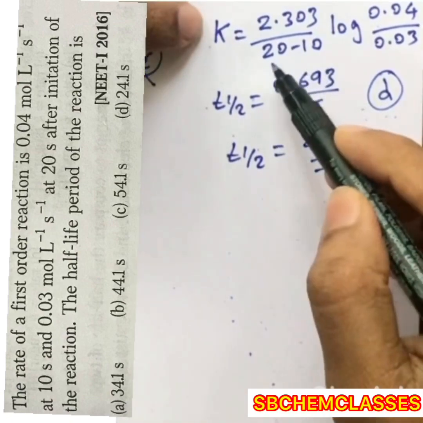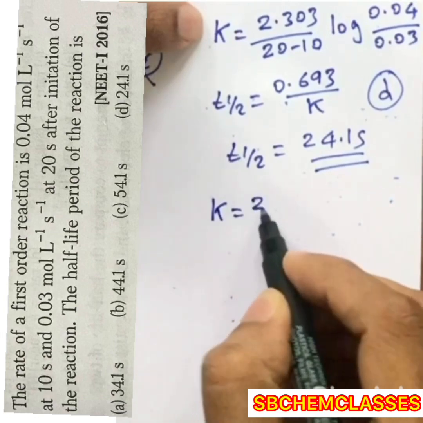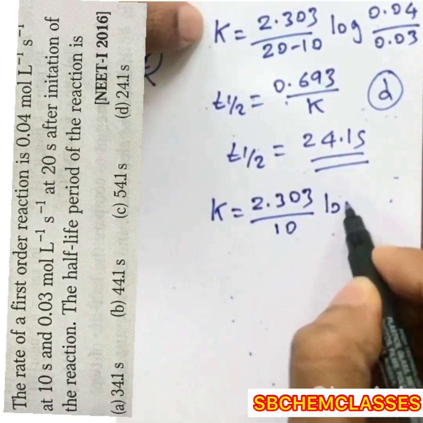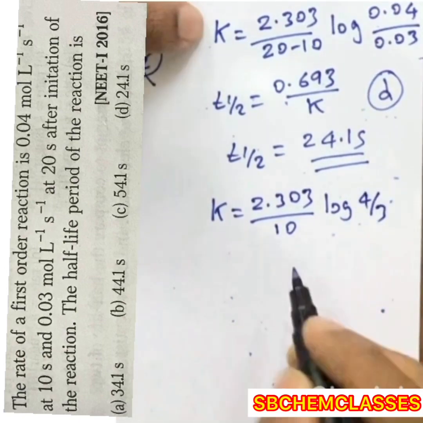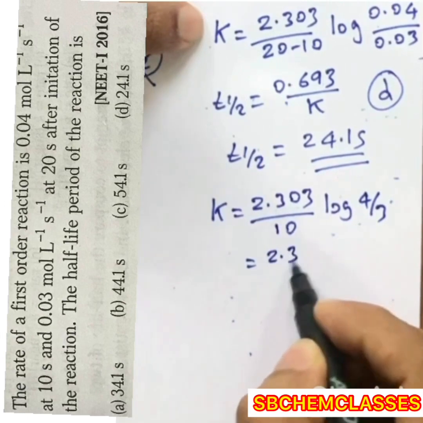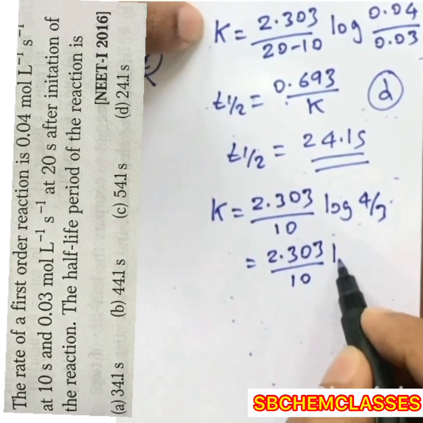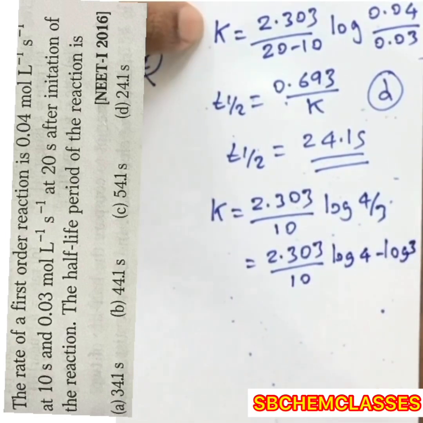Okay, I am explaining this step. K equals 2.303 by 10 log (0.04 by 0.03), which equals 4 by 3. So 2.303 by 10 log 4 by 3, which can be written as log 4 minus log 3.